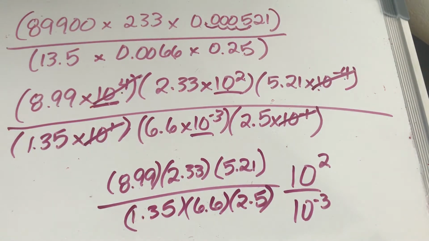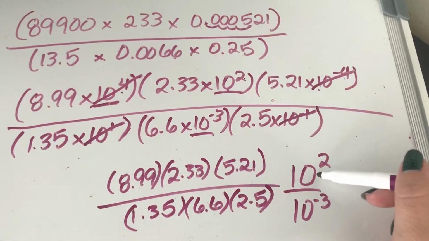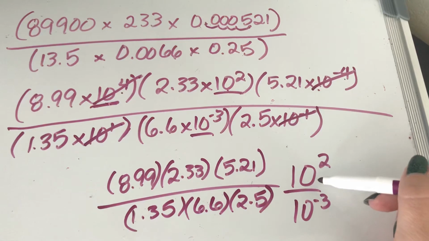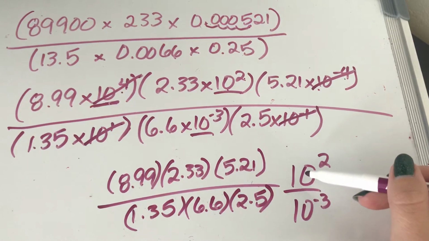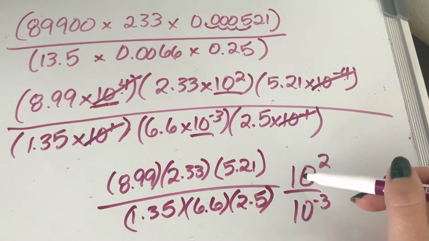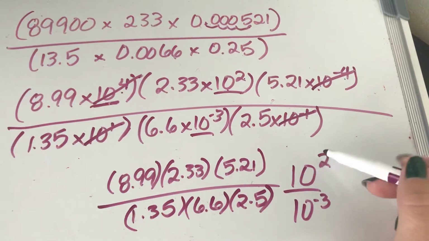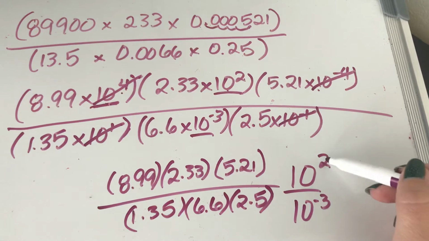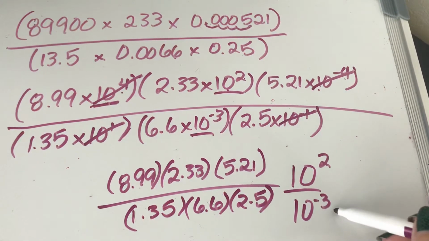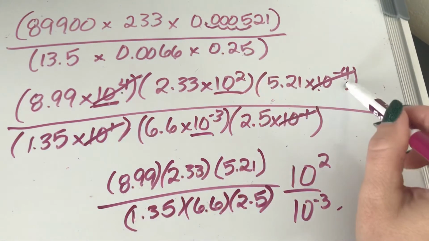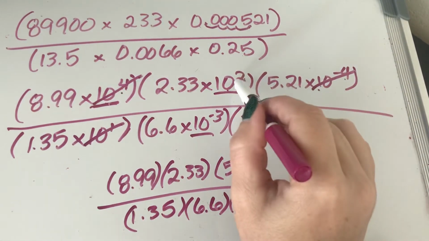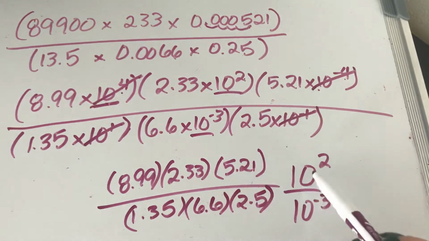Cool. So the way that we handle powers of 10, or powers of the same base, when they're divided is we subtract, right? Whatever your exponent up top is, you subtract the exponent on the bottom, okay? So up here we were adding 4 and negative 4 and 2, and that gave us 10 to the 2.